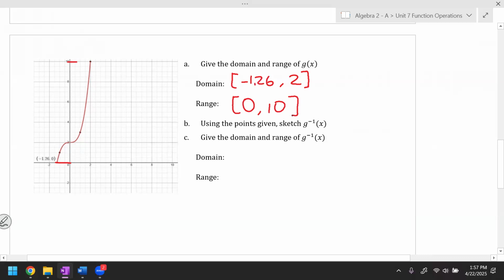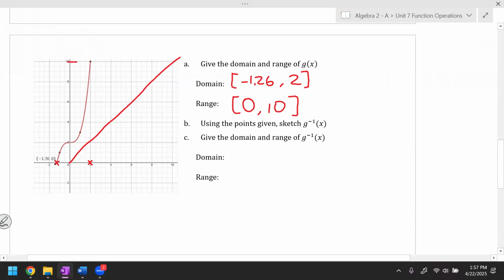All right. Next, it says using the points given, sketch g inverse of x. Well, like I said earlier, the graph of g inverse of x is going to look just like the graph of g, except all of its points will be mirrored along this diagonal y equals x line, right? So if I turn my head sideways a little bit, I can see where these points are supposed to go. For example, this point here, 0, 2, should go over here to 2, 0.